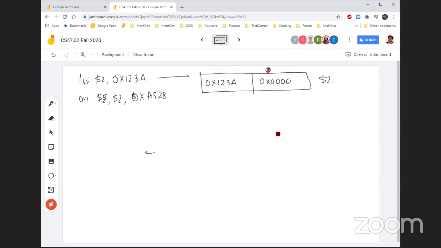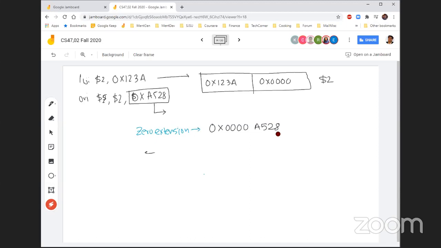So in this example, the very first one, LUI, will store the 16-bit value into the upper half and reset the lower bits. Now ORI will take this 16-bit value and make it a 32-bit value, 0000A528. That's what we call a zero extension.